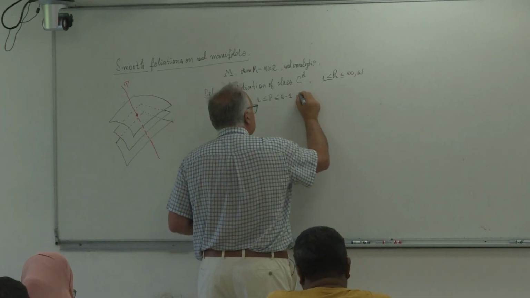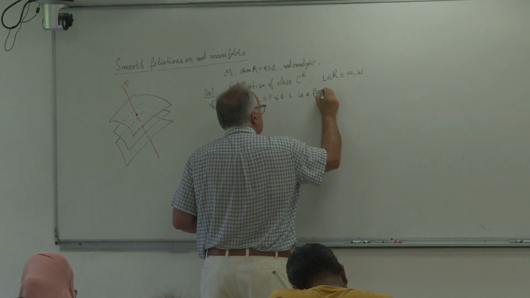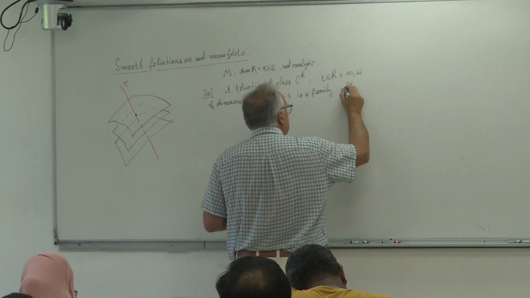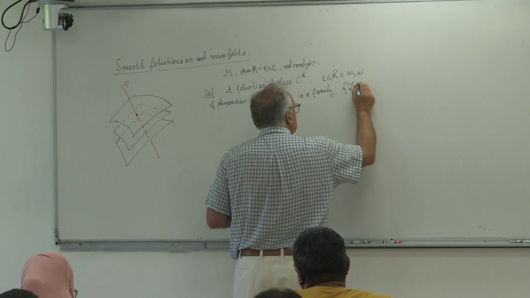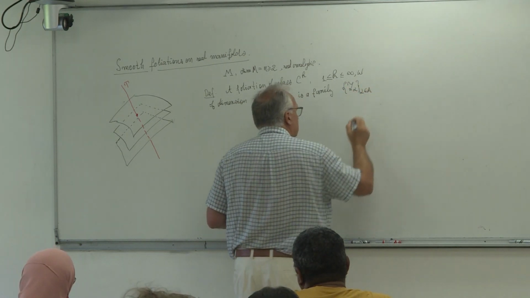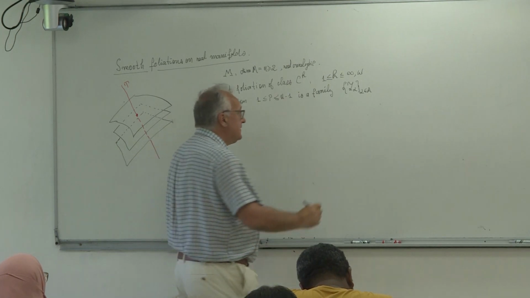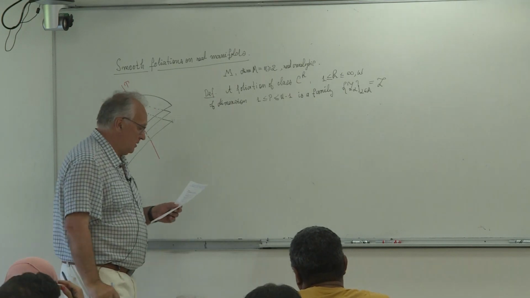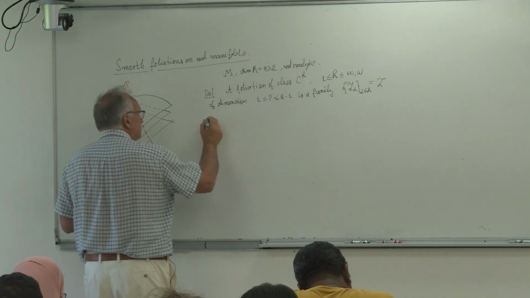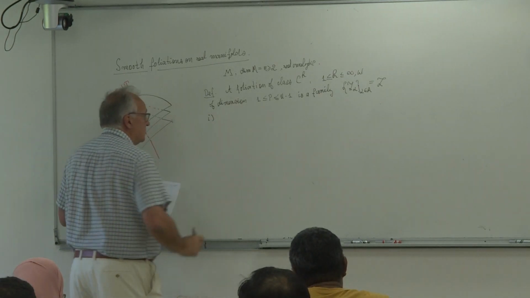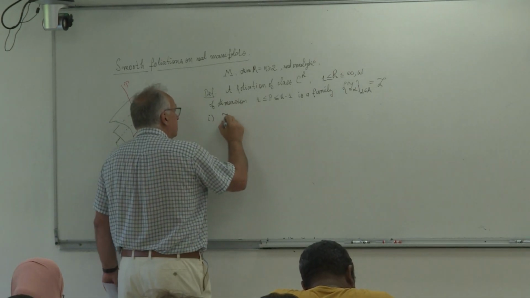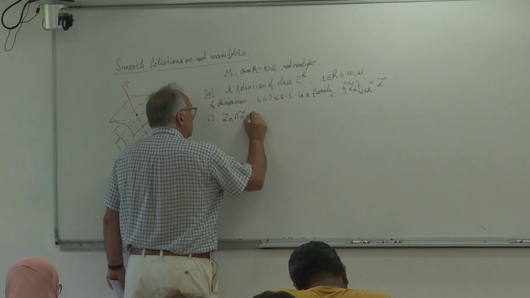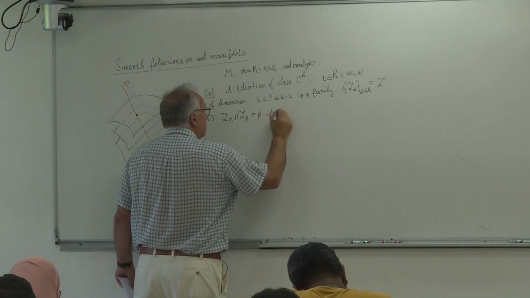is a family L alpha, with alpha indices, which will be denoted as L. So it is a family of sets L alpha such that, first, they are disjoint: L alpha intersection with L beta is the empty set if alpha is not beta.